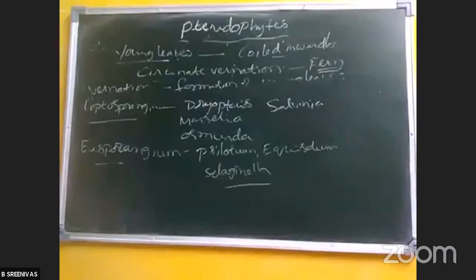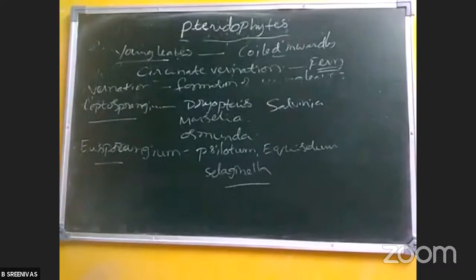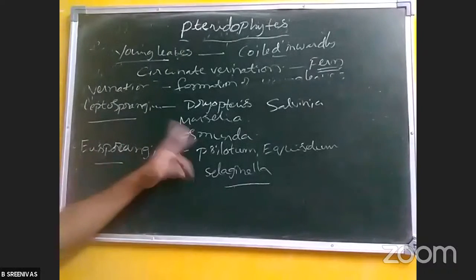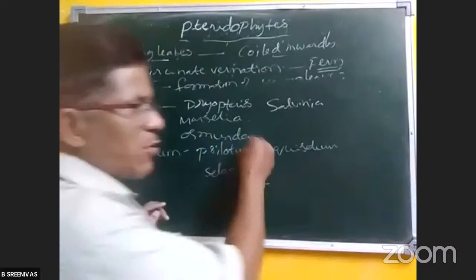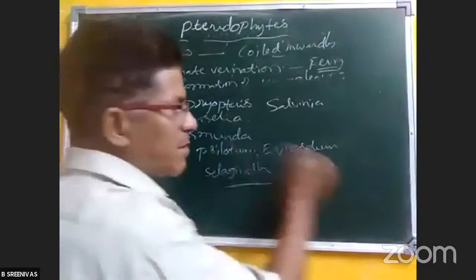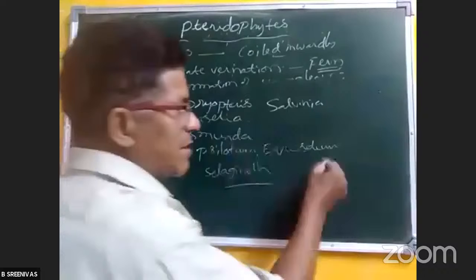Right. Based on the type of spores, the plants are divided. Here the spores are produced in the sporangium. This is the marginal region, so here the sporangia are present.